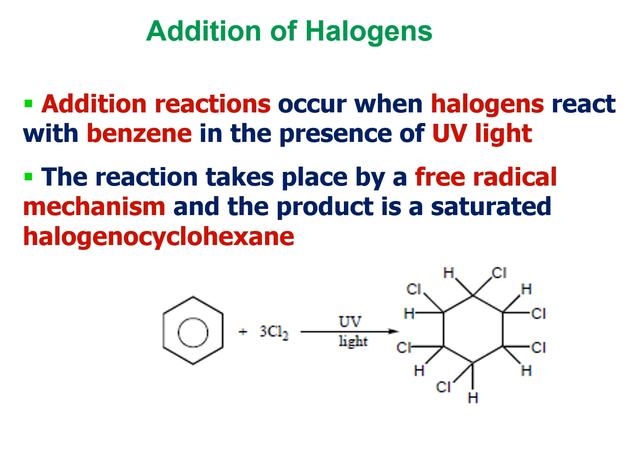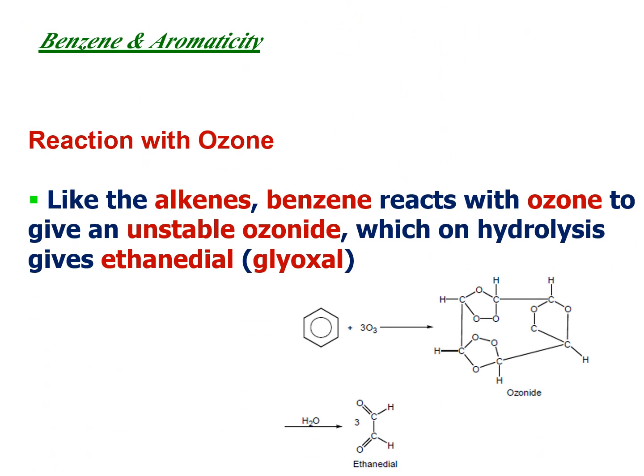And benzene resists anything that will make it lose its aromatic nature because from unsaturation, addition reaction is going to make benzene become a saturated hydrocarbon. In terms of reaction with ozone, when benzene reacts with ozone, what happens is it is going to form an ozonide, and under hydrolysis it is going to form a diol. This also disrupts the nature of benzene.